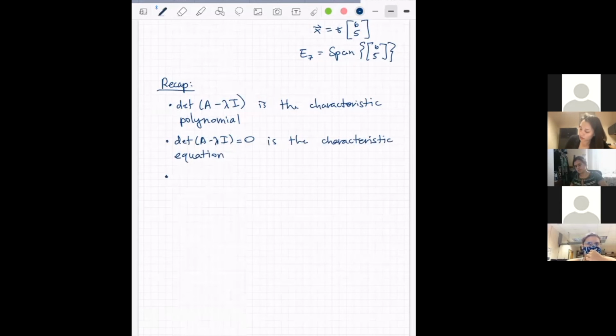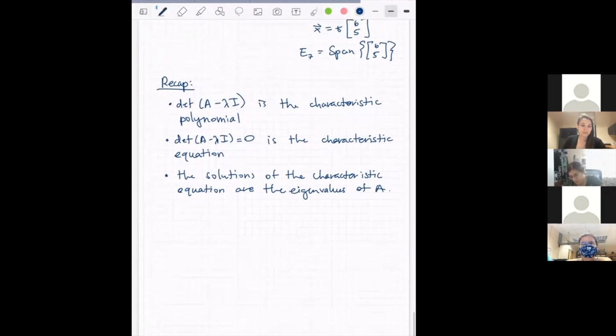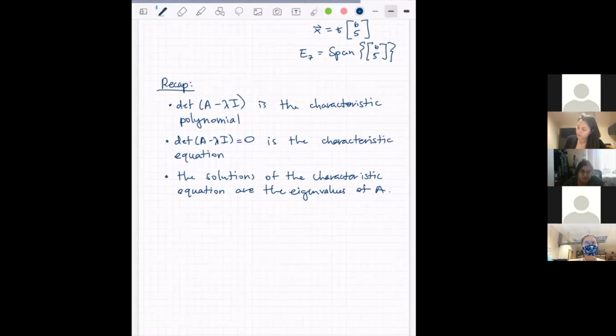And the solutions of the characteristic equation are the eigenvalues of A. And sometimes for this characteristic polynomial, we'll use the notation P of lambda since it is a polynomial in lambda, right? So just so you're aware.